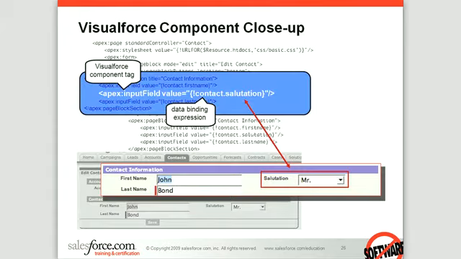All right, so here is a Visualforce component. This is our input field, and the input field is one of the more common ones you'll see. The reason I know that this is a Visualforce component is because it starts with apex colon. In other words, it's in the apex namespace. The value attribute is set equal to, because it's an attribute, it appears in double quotes, but then it has curly brace, exclamation, and then object.field, in this case contact.salutation.